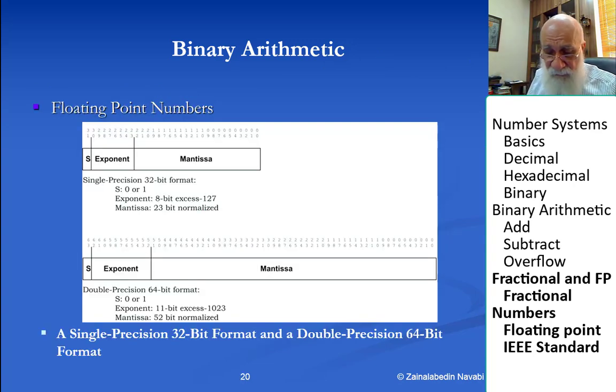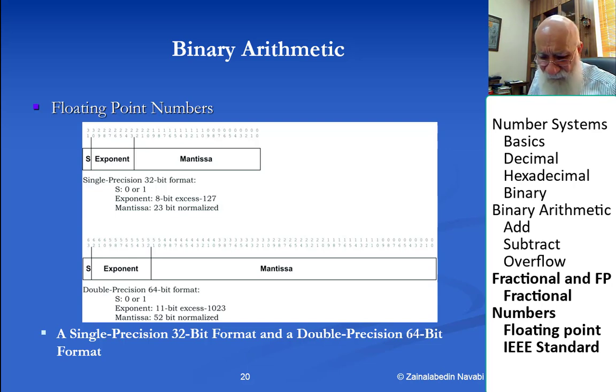Therefore a 32-bit floating point representation, which is a standard form of representing 32-bit numbers, becomes something like this. You have 32 bits, the leftmost bit, bit number 31, is a sign bit. Your exponent is excess 127, that means minus 6 becomes plus 121.